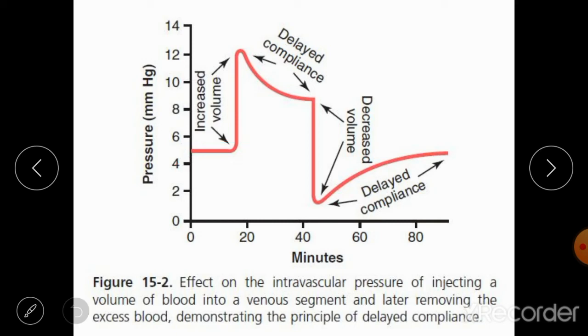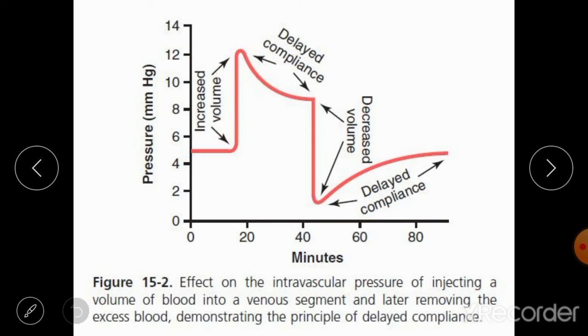And now what you do is you inject a large amount of blood into this closed vessel. This additional volume of blood would cause immediate rise in the pressure within the vessel wall. The pressure will rise from 5 millimeter mercury to around 12 millimeter mercury immediately following the injection.